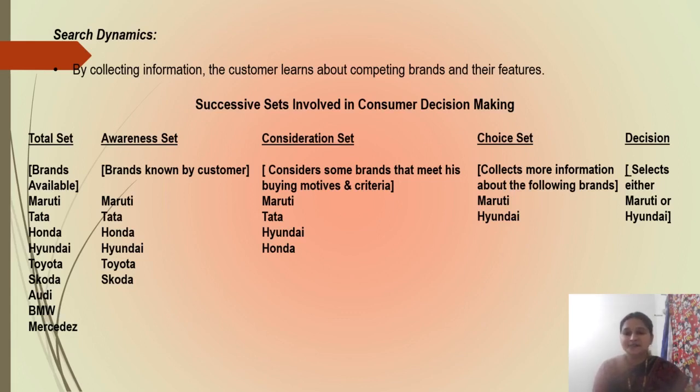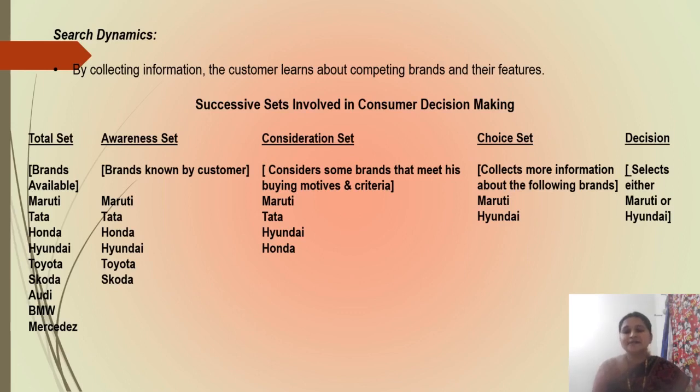And in the choice set, after evaluating these four brands on the basis of his buying motives and buying criteria, that is, on the basis of certain attributes, he will finally select 2 or 3 brands. That comes under the choice set.